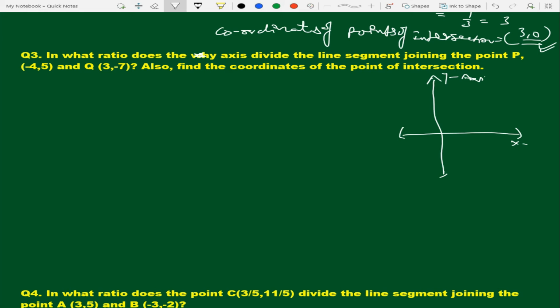Suppose (-4, 5) is here, and (3, -7) is here.